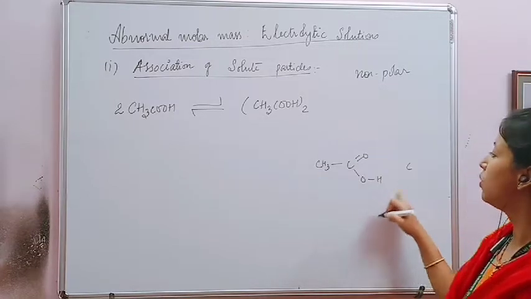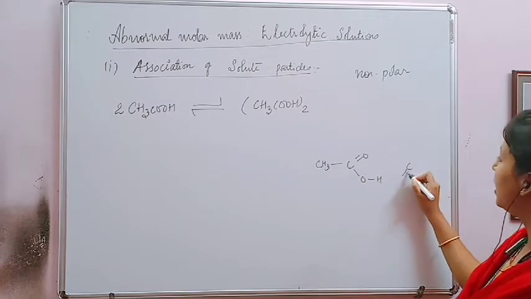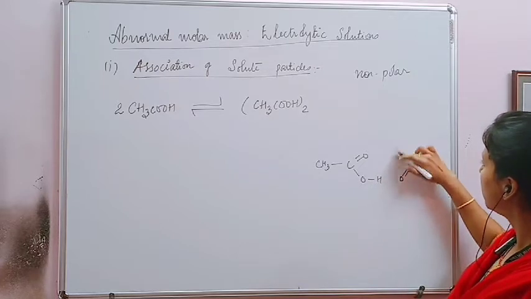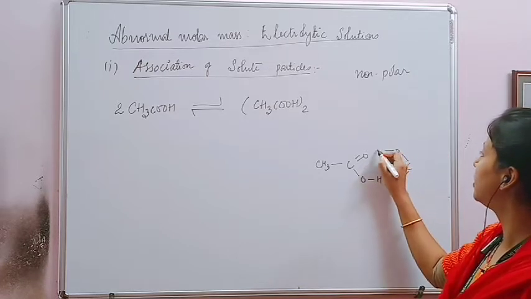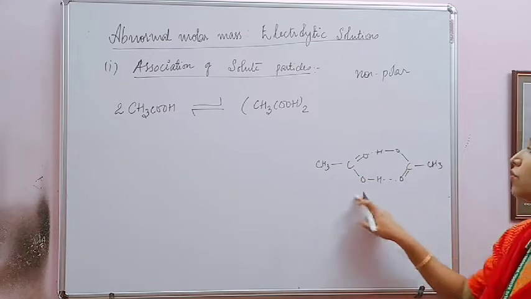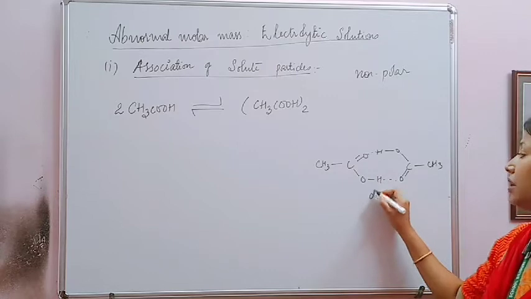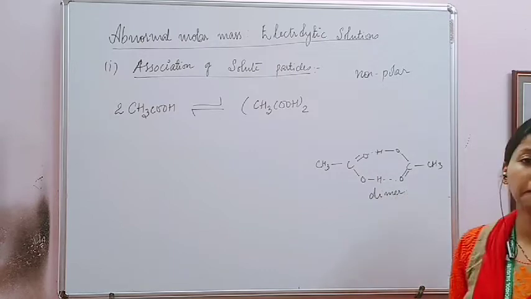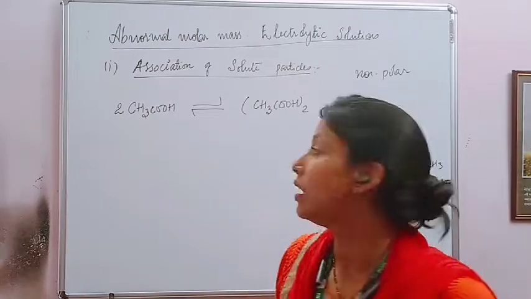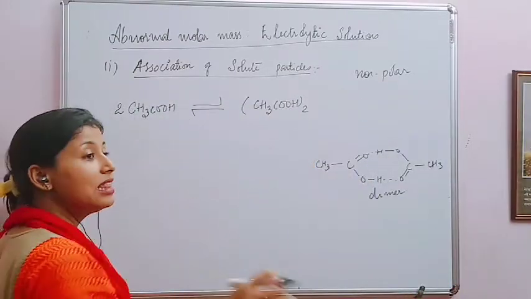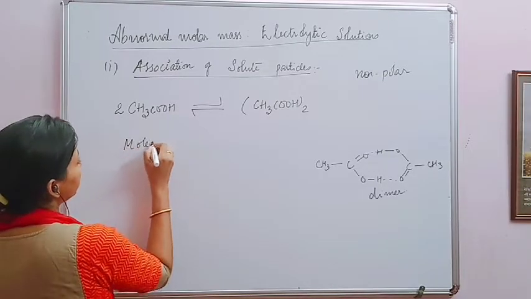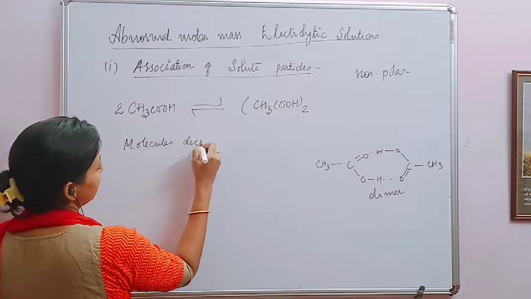This is one molecule of acetic acid and this is the other one, with O and H, and CH3. So two molecules of acetic acid combine together to form a dimer. Clear? Now if this happens, the number of molecules in the solution will decrease.